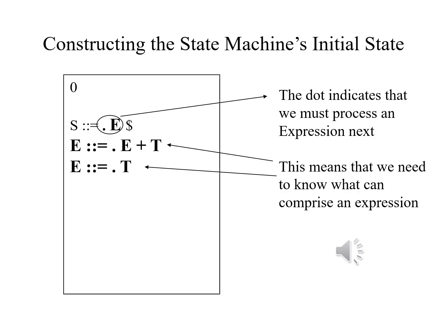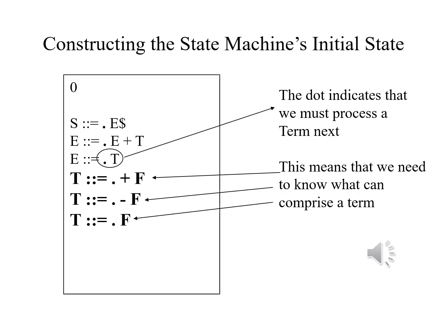E derives dot E plus T and E derives dot T. I don't need any additional items based on E derives dot E plus T. I already have them. However, E derives dot T means I need initial items for T. These will be T derives dot plus F, T derives dot minus F, and T derives dot F.